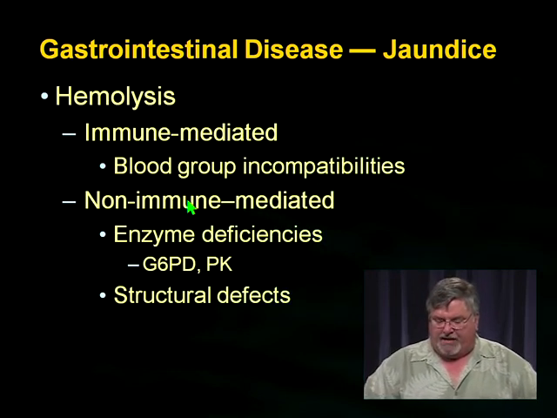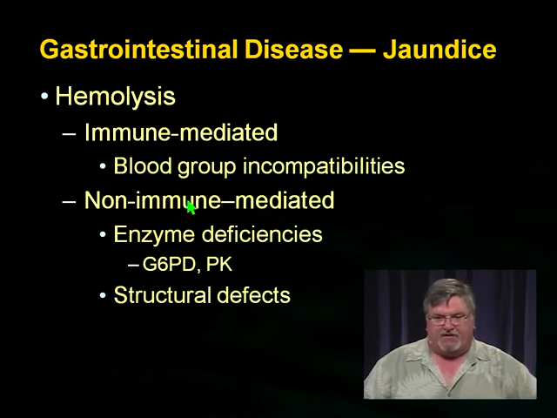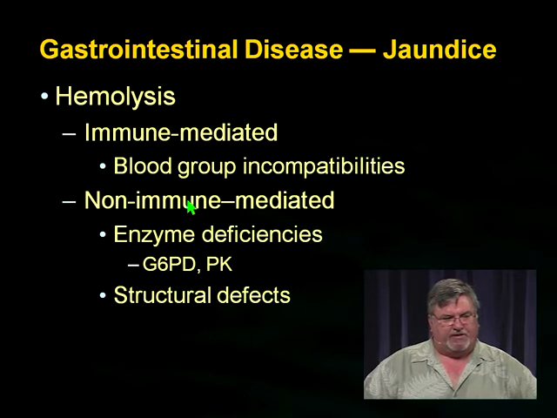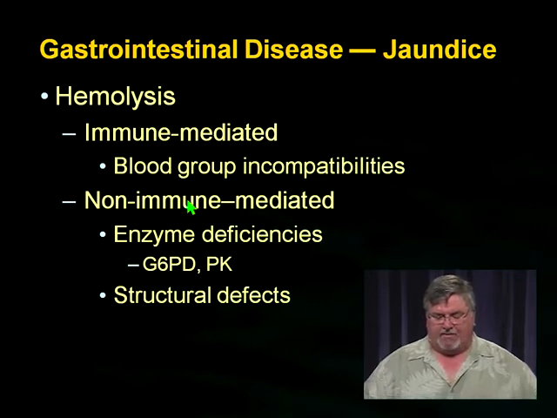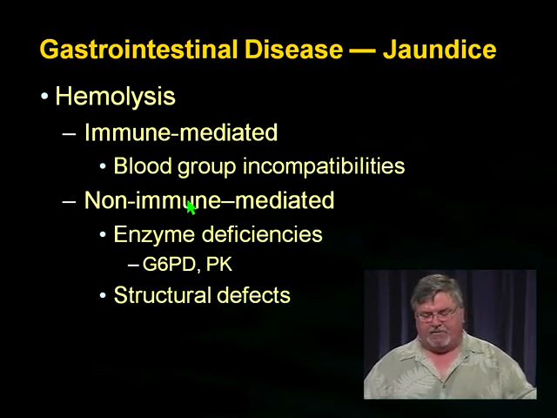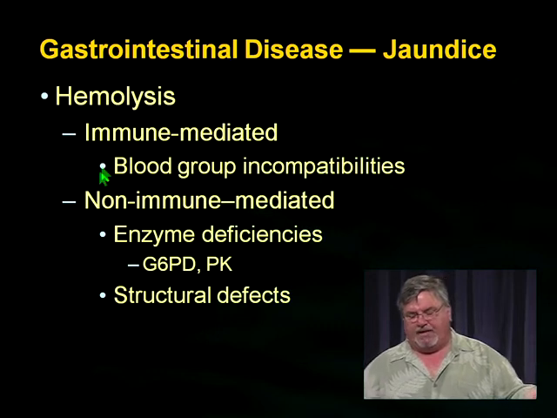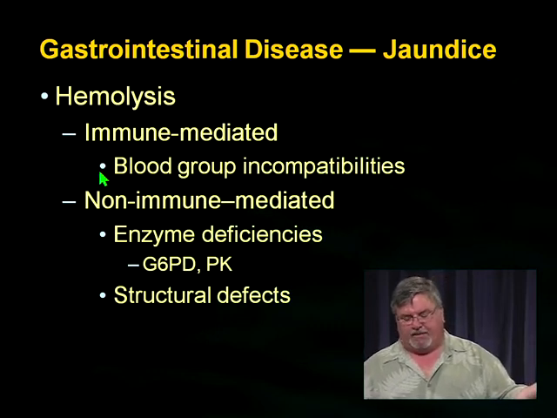What about the other non-immune mediated? Enzyme deficiencies, so those are the cell wall abnormalities, G6PD or pyruvate kinase deficiency, or structural defects of the cell wall like hereditary spherocytosis.